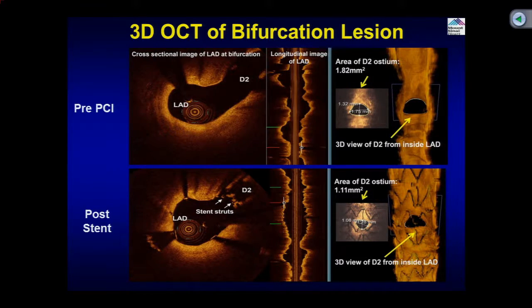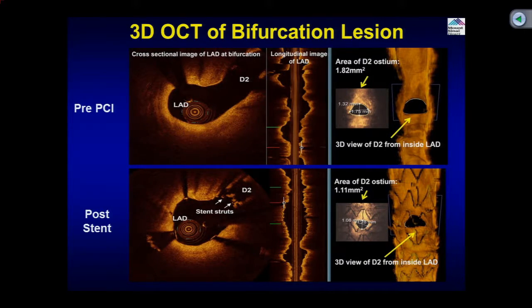And this will become more important with the bifurcation with the BVS. We have more often seen with the BVS that there could be some side branch pinch or snowplow effect, or even if you want to do bifurcation stenting with the BVS, if we can understand this better.